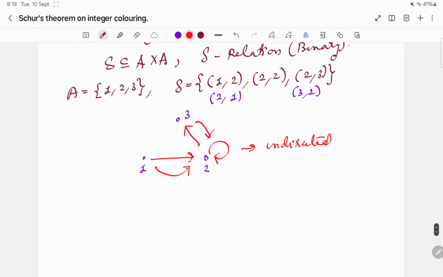If a graph is undirected, then we don't need directed edges to represent it. We just need edges without arrows, and a loop can also be drawn without an arrow.